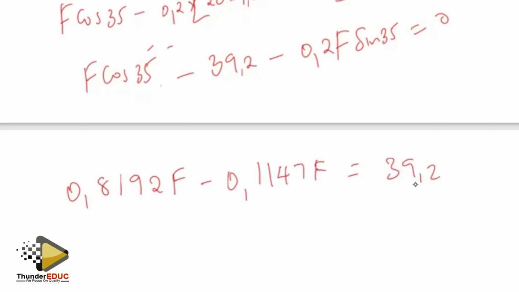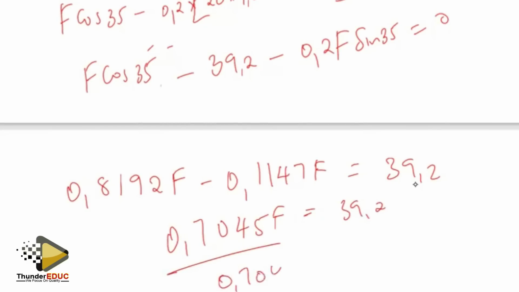When we subtract that, 0,8192 minus 0,1147, that's going to give us 0,7045 F is equal to 39,2. Then divide both sides by 0,7045 over 0,7045. That cancels that.